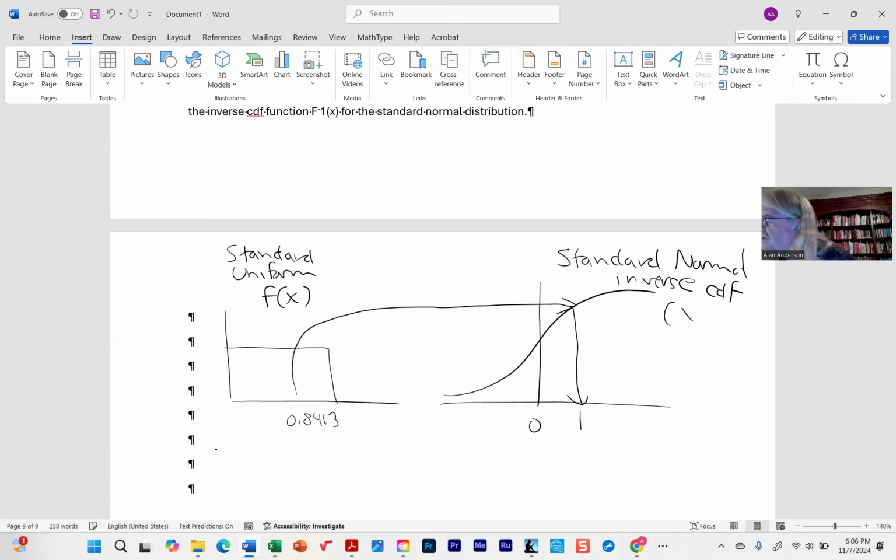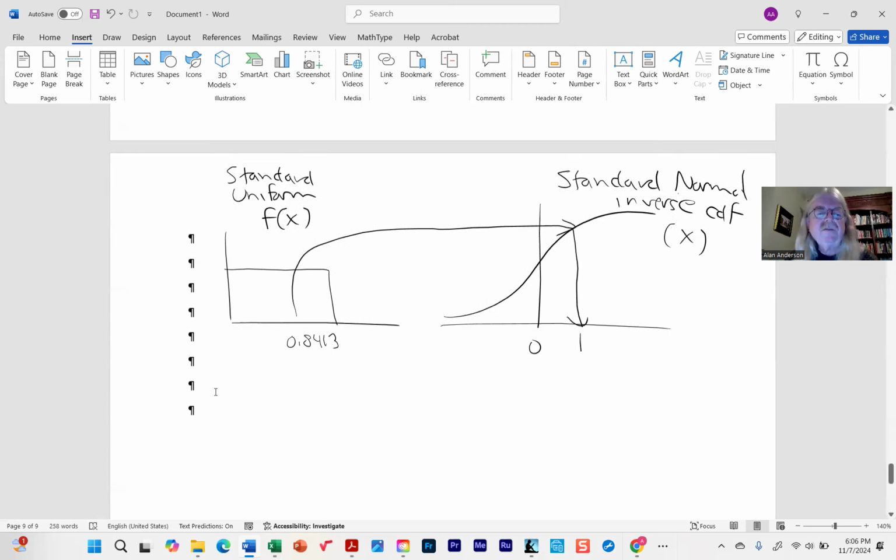Now, how would you carry that out in practice? Well, the command to choose a random number from the standard uniform, as we already saw, is RAND.